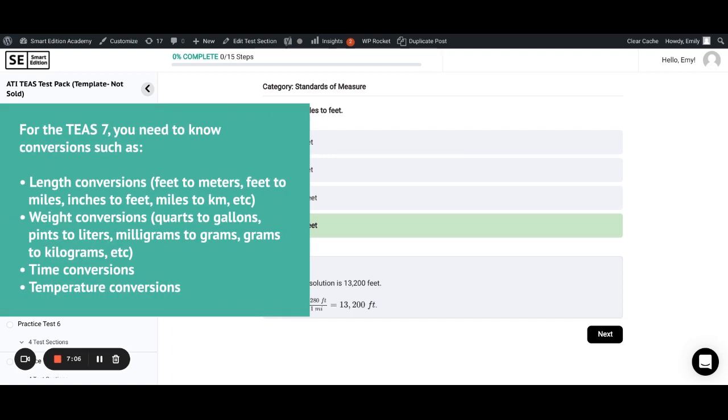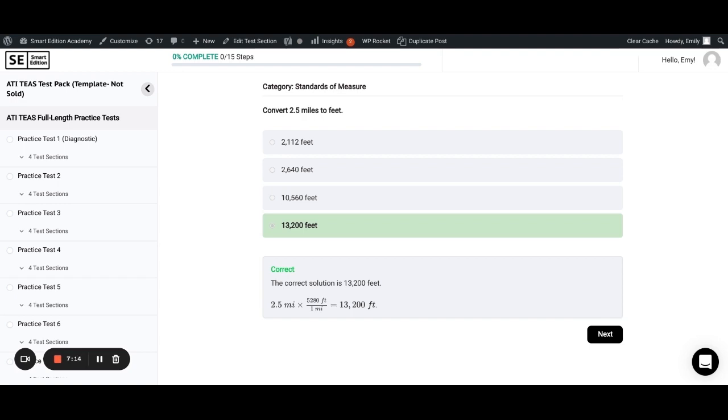So it's important to know that 1 mile equals 1,760 yards, which is equivalent to 5,280 feet. So that's why you see that number here, 5,280. That's because we know that 1 mile equals 5,280 feet. And then you set up the problem to 2.5 times 5,280 to get 13,200.